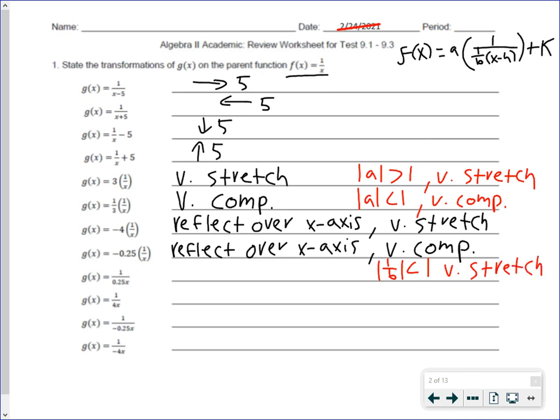And on the next line, if the absolute value of 1 over b is greater than 1, we're going to have a vertical compression. Okay? So with g of x equals 1 all over 0.25x, that's 0.25. We take the absolute value of it, that's going to be less than 1. So that means we have a vertical stretch.